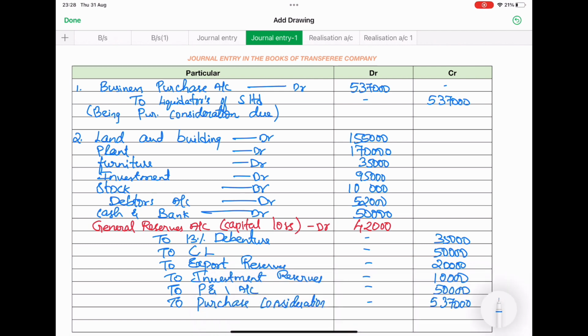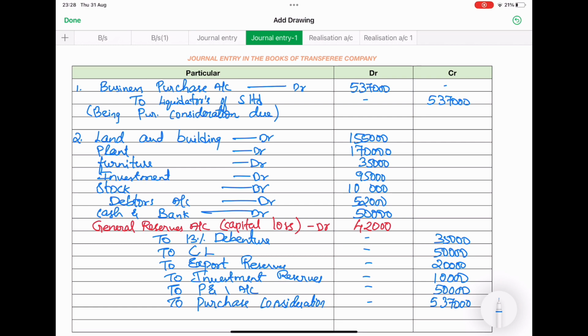general reserve. In case if you had more assets and lesser liabilities, means the balancing figure in credit side will be transferred to the same general reserve, but considered as capital gain.